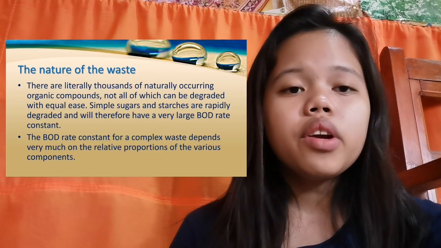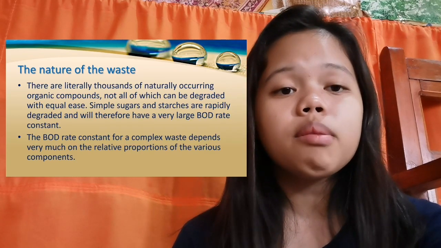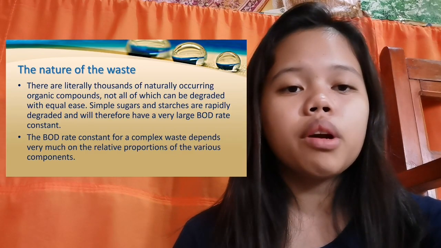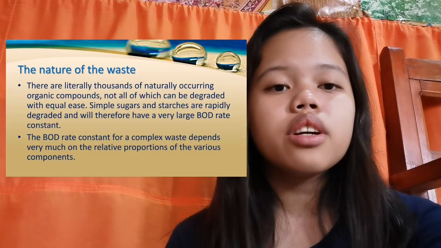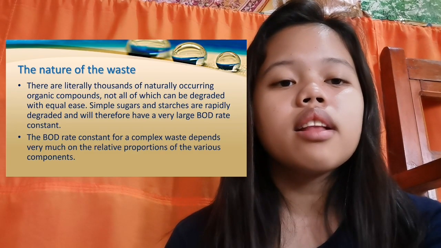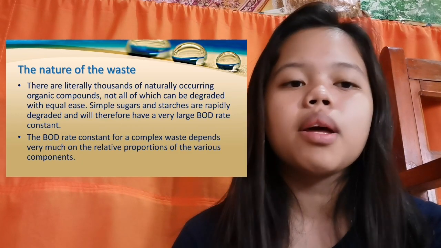A summary of typical BOD rate constants is shown in Table 7.2. The lower rate constants for treated sewage compared to raw sewage result from the fact that easily degradable organic compounds are more completely removed than less readily degradable organic compounds during wastewater treatment.